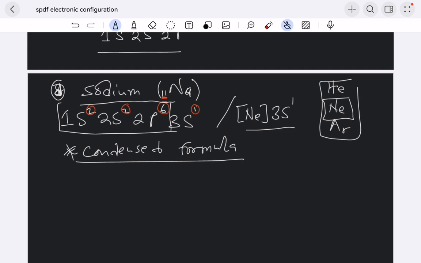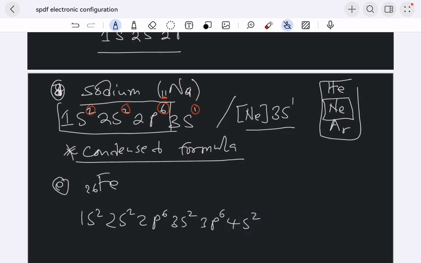Let's look at another example. We have iron with 26. So this is going to be 1s2, 2s2, 2p6, 3s2, 3p6, then 4s2, then 3d6.